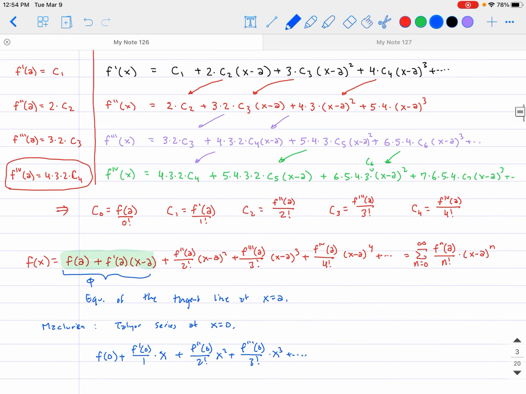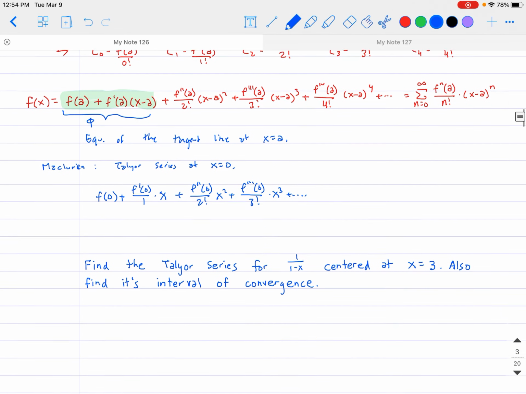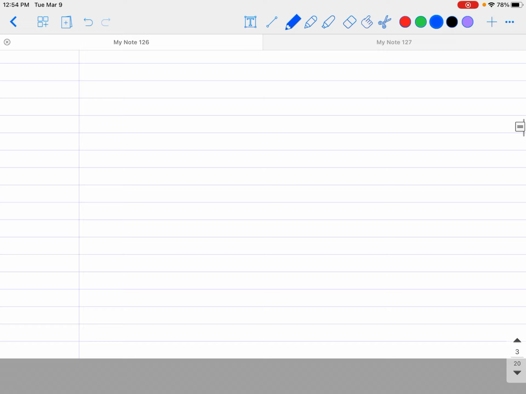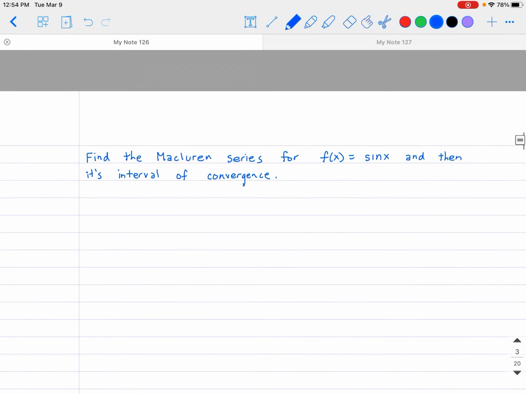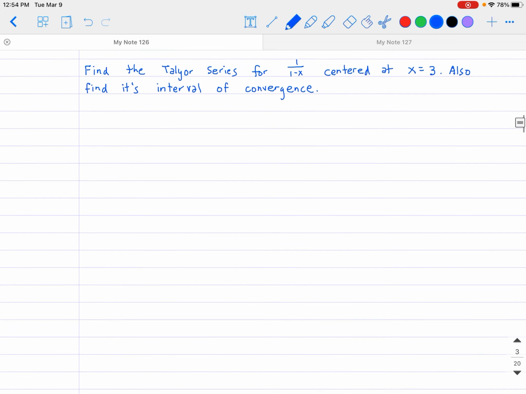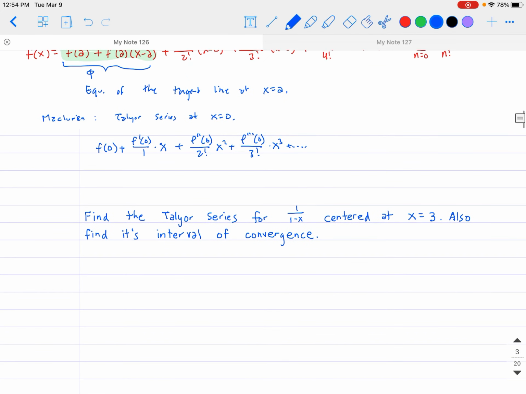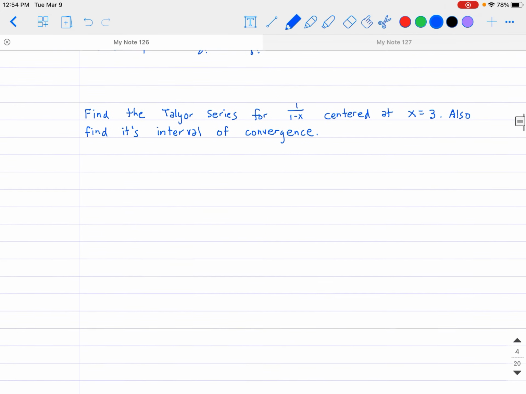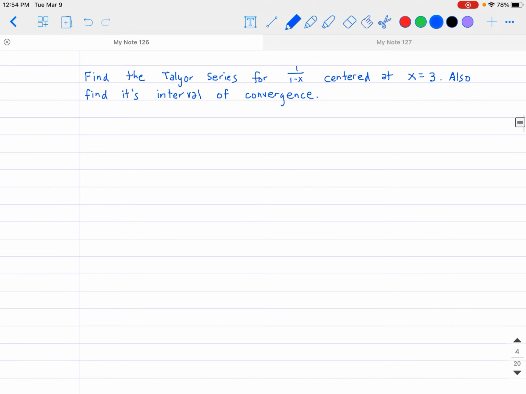All right, so now that we have the Taylor series and also the Maclaurin series, let's see if we can solve for some of this stuff. Here is my first part. I want to take that series that I was given, which is 1 over 1 minus x, and apply the Taylor series to show that it comes out to be the same thing.